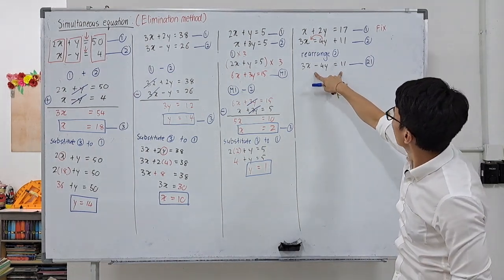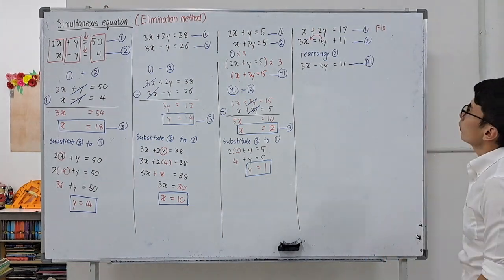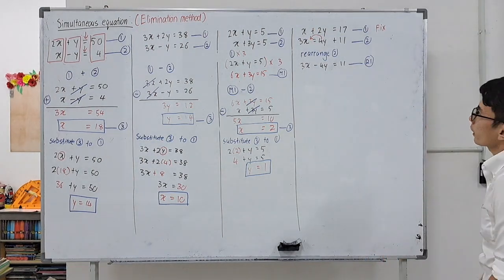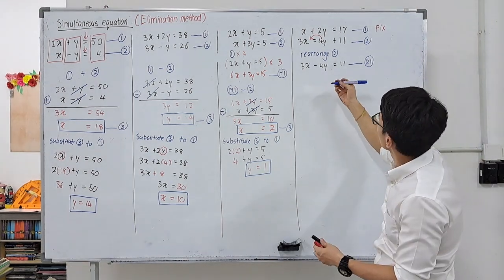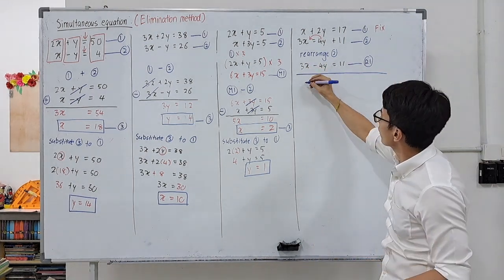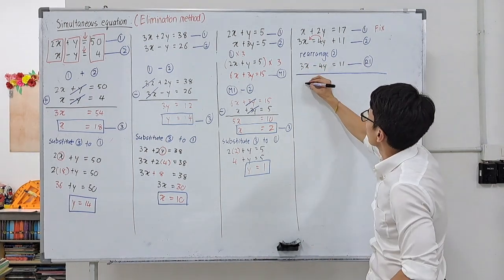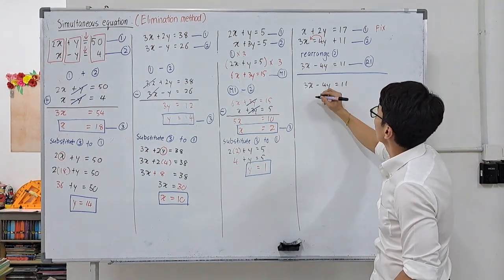Now this equation and this equation are already matched in terms of order. So let me write down all these equations. Let me draw a line over here. Since I have rearranged, my equation looks something like this now: 3x minus 4y equals to 11.